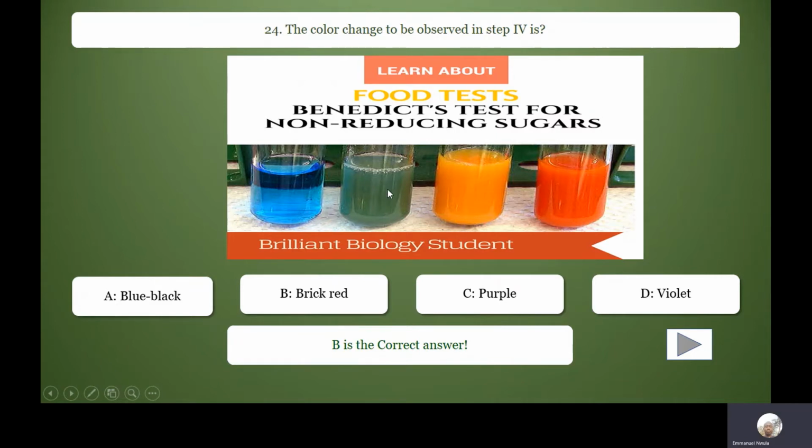It's also a positive color change. It shows that the sugar is present, but it is in small concentration. If it's orange, it's moderate. If you have brick red, it's high. So the color you get can actually tell you the concentration of the sugar solution. So the correct answer here is brick red.